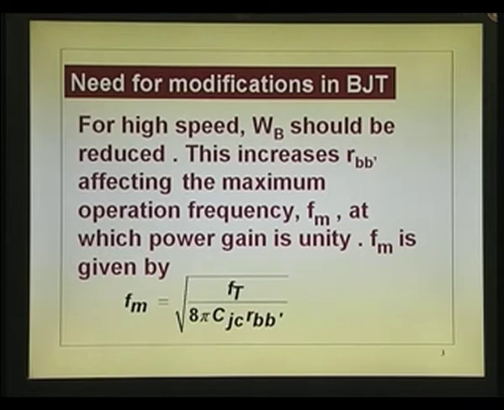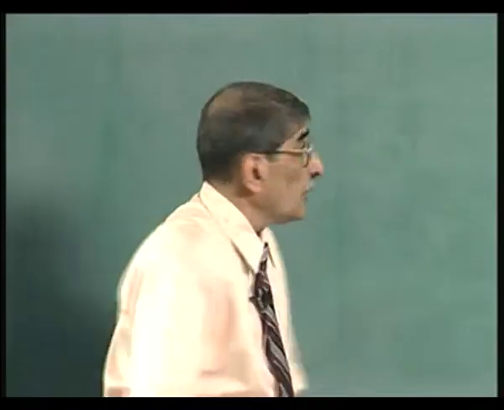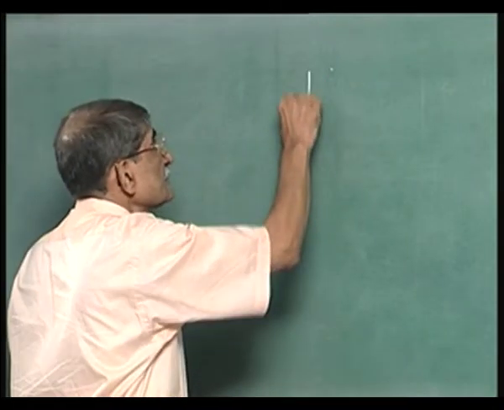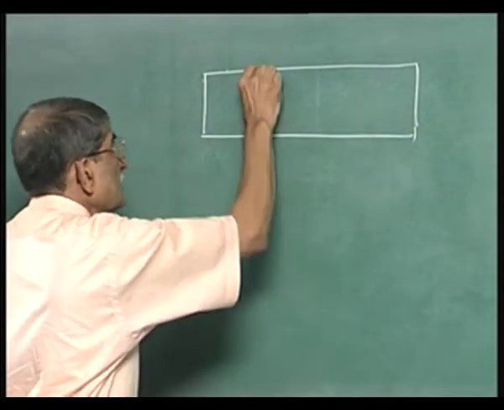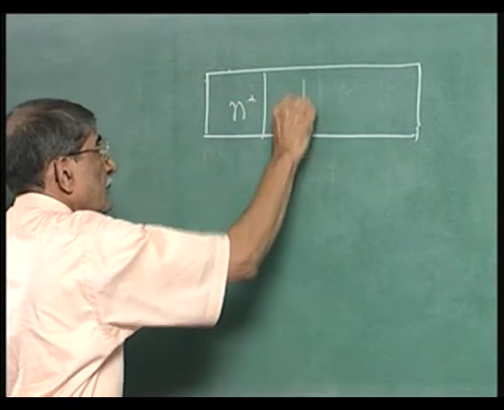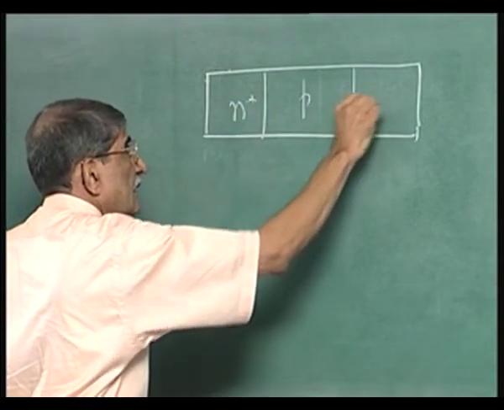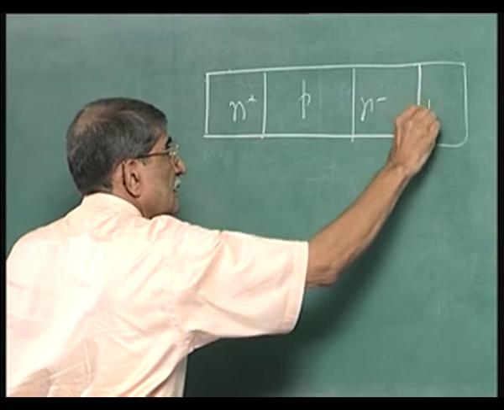Keep on reducing the base width, you become more and more ambitious, say 0.1, less than 0.1. What happens is, I have not written it in the slide, but you can see n plus, p, n minus and n plus.